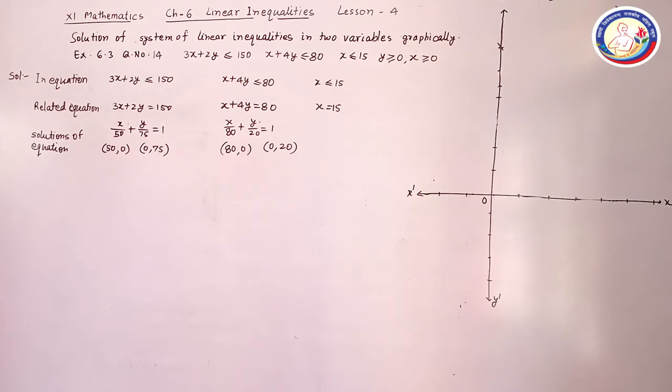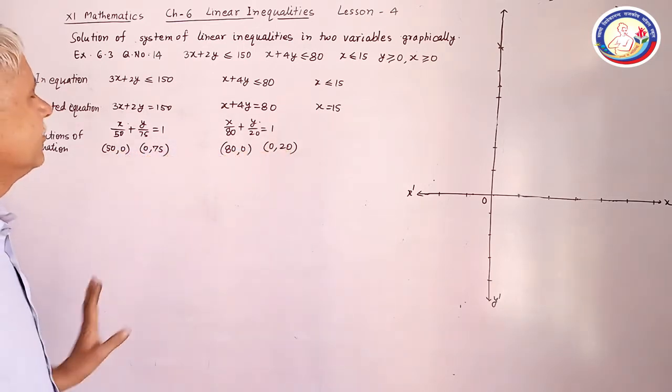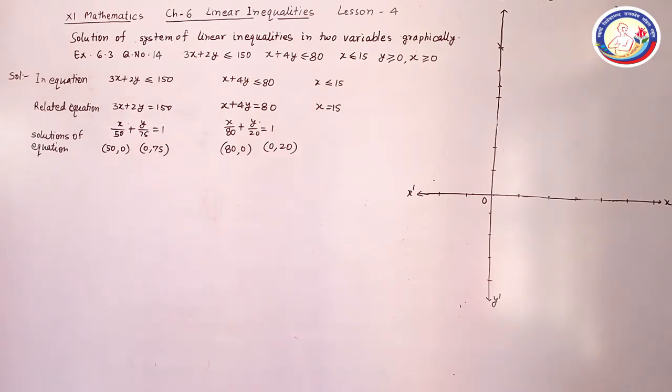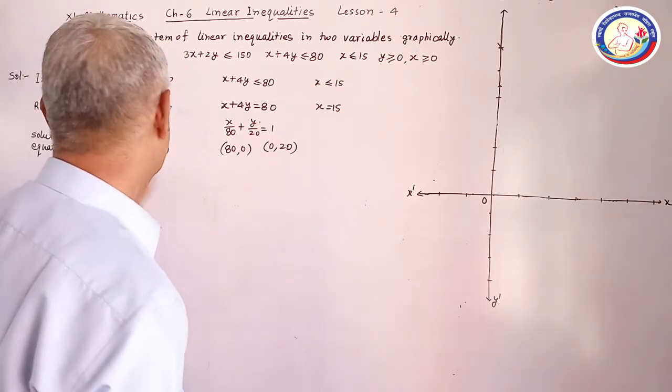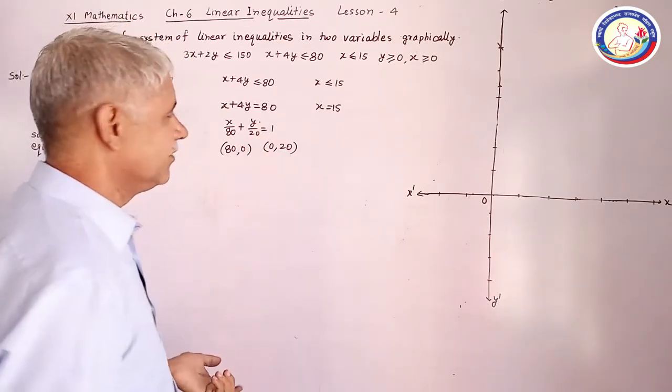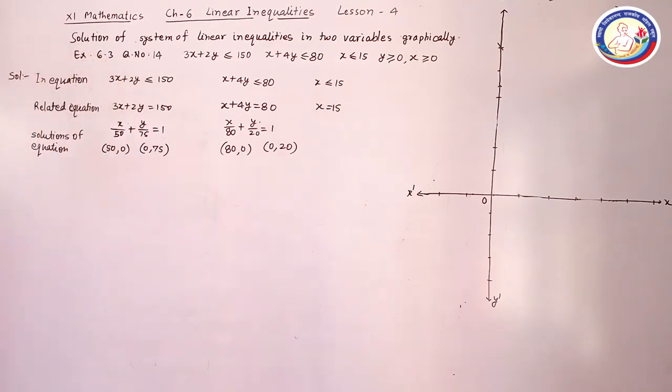What is the maximum value of x and y coordinates? This is 50, 0, 0, 75, 80, 0, 0, 20. So 80 is the maximum on x-axis and on y-axis it is 75. So choose a scale on which we can present this. All the coordinates are divisible by 5. So we can take 1 centimeter equal to 5 units.